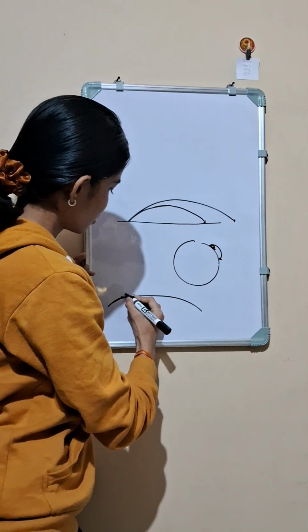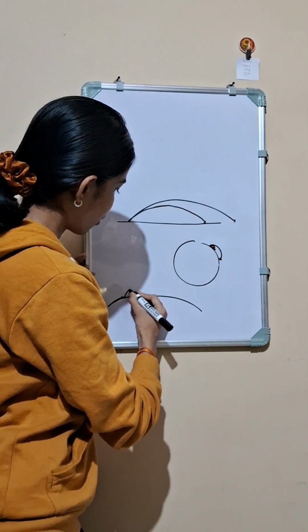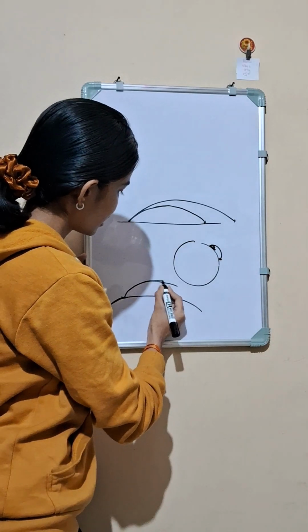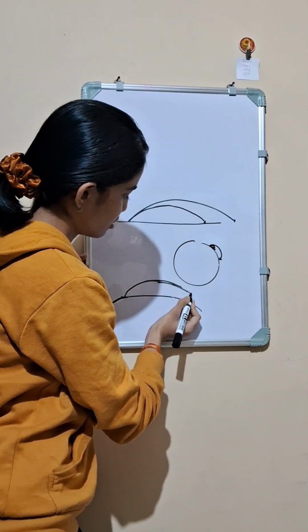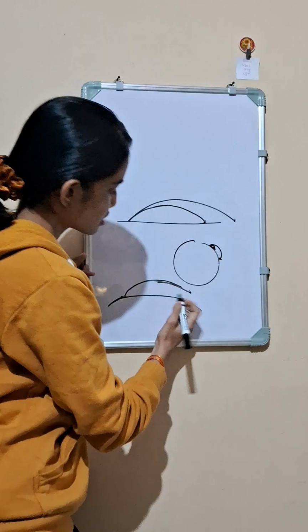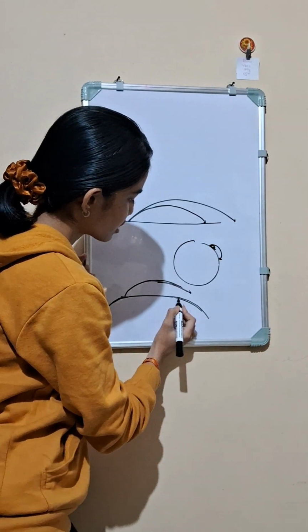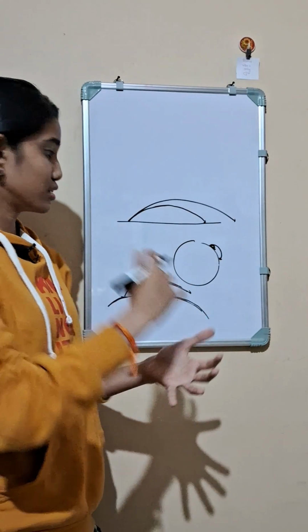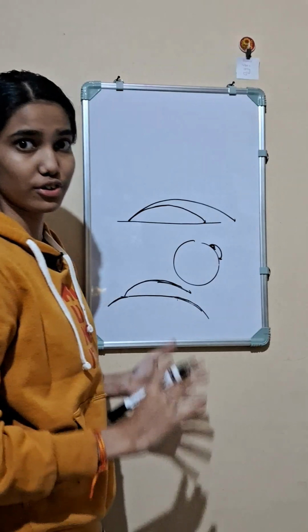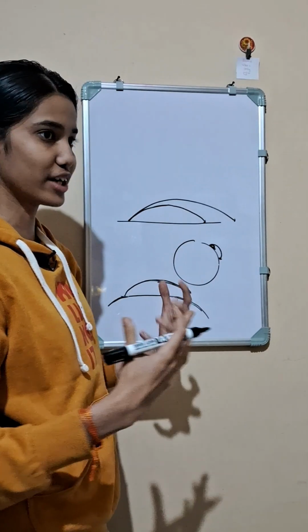And if from here I throw a ball, now it's trying to fall, but as the ground is curved, it is not touching the ground, right? I hope you are trying to understand.